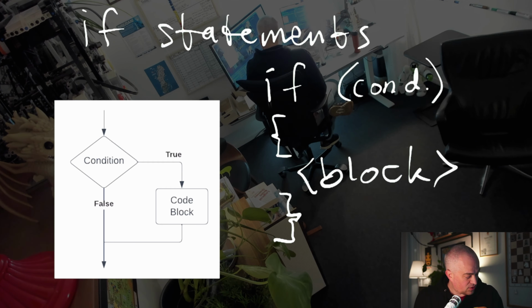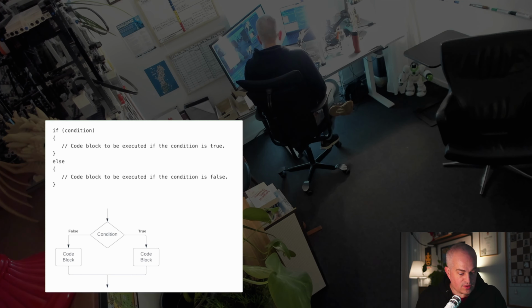So if we continue, we can look at this example here. We continue on level 2 with else statements, which is what you see here. We still recognize the first part: there is a condition, and if it's true, we execute the code block.